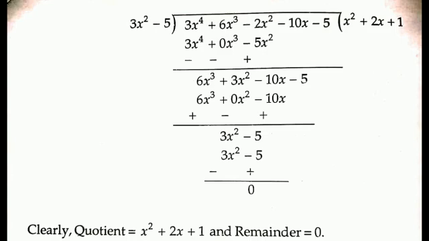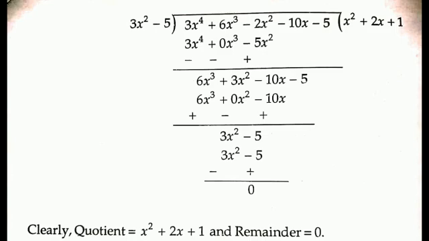For this, use the long division method. Here 3x square minus 5 is the divisor, and the polynomial f(x), that is 3x raised to the power 4 plus 6x cube minus 2x square minus 10x minus 5, is the dividend.